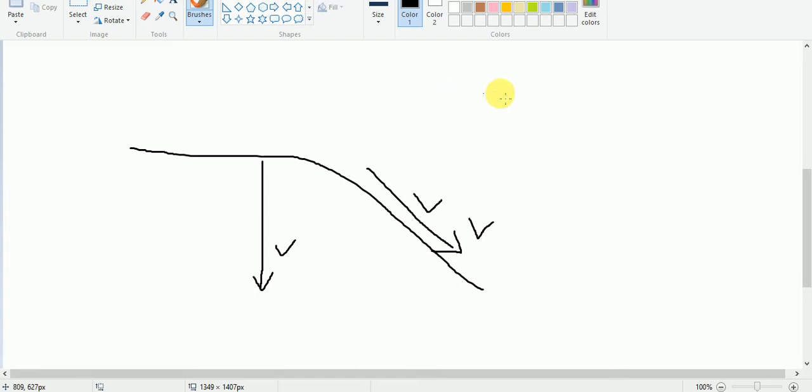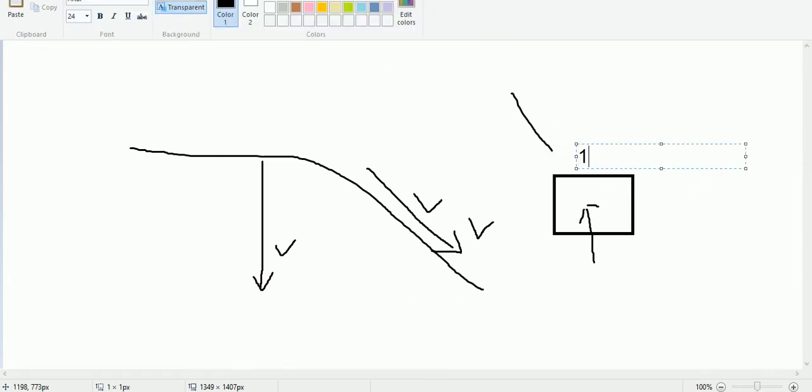For example, this is an area, and the force applied in this unit area is known as the stress. Let us say this is 1 square centimeter.